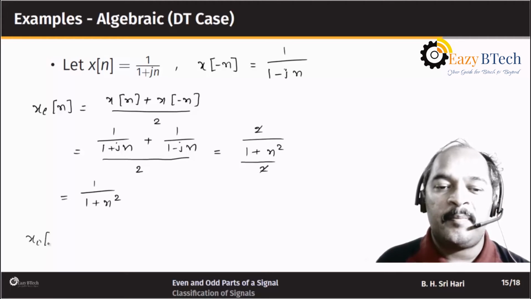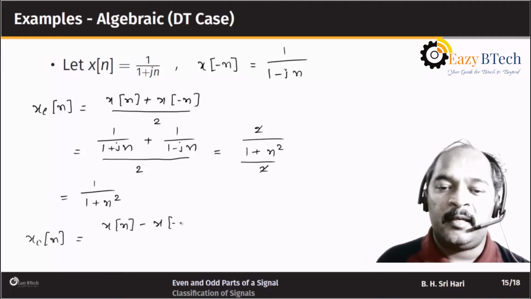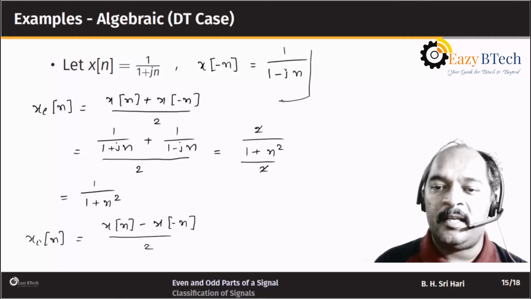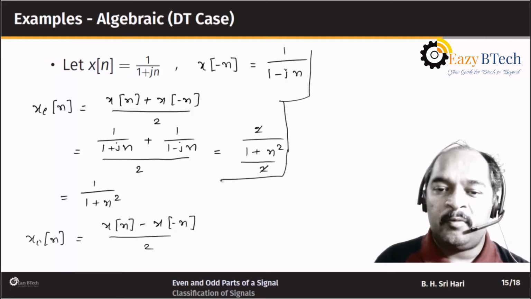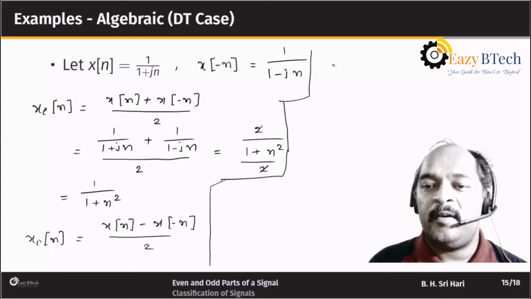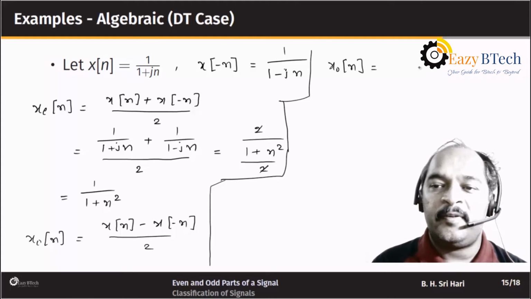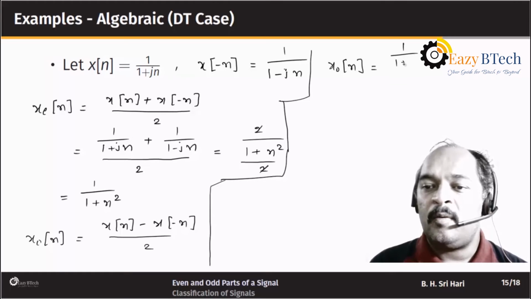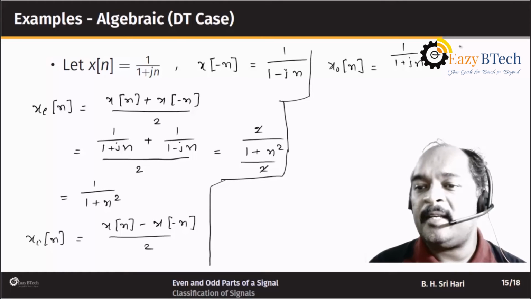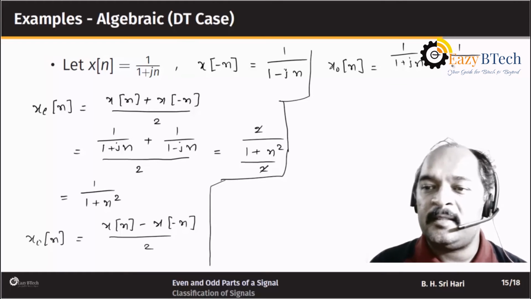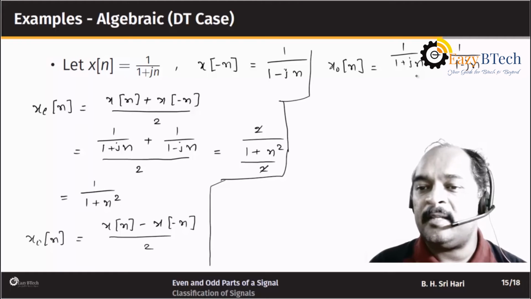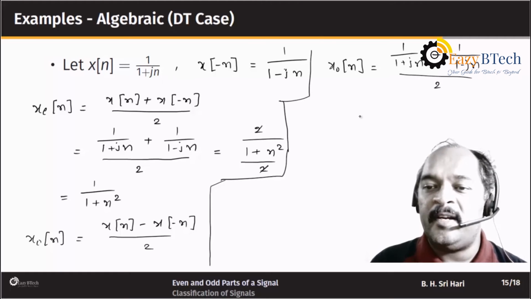Similarly, to get the odd part, we need x of n minus x of minus n by 2. So let us do that here. Our xo of n would be equal to x of n, which is 1 by 1 plus jn, minus x of minus n, which would be 1 by 1 minus jn, whole divided by 2.